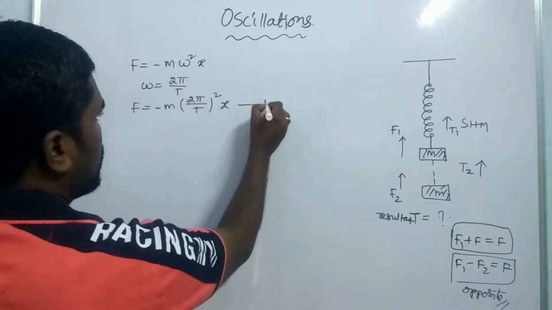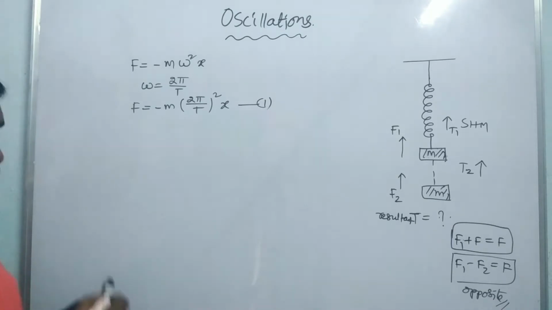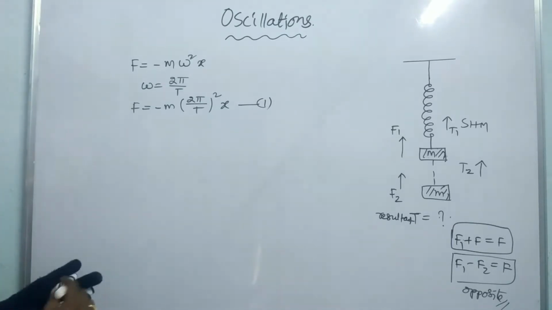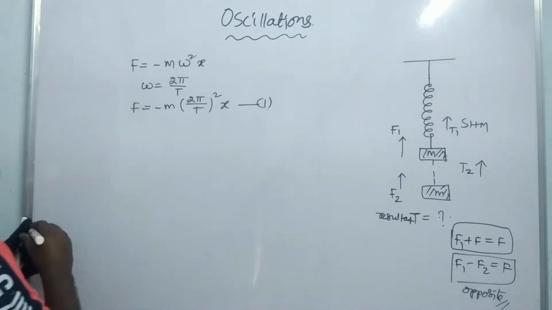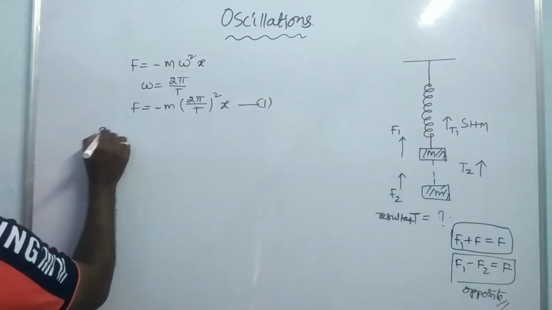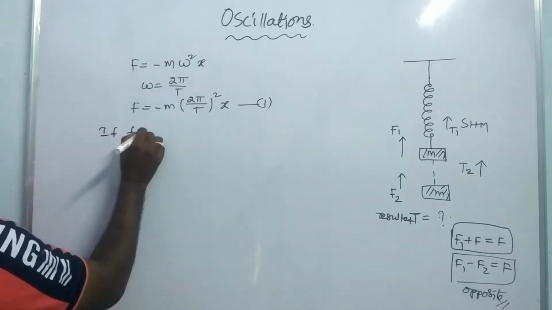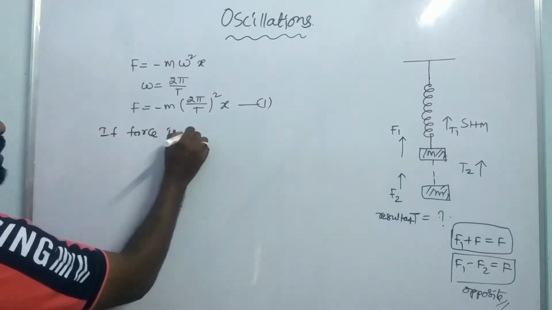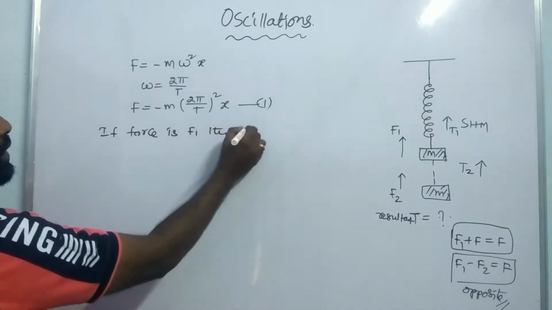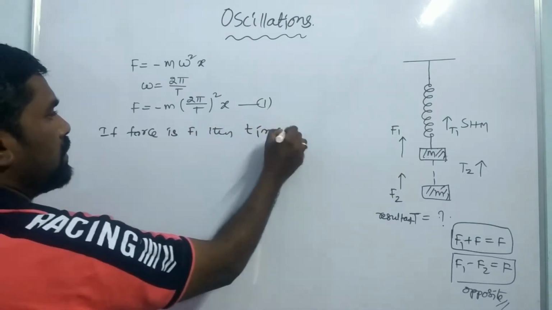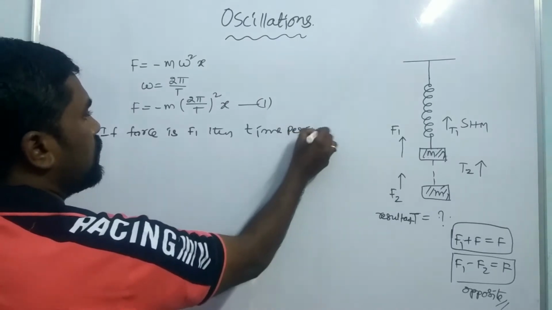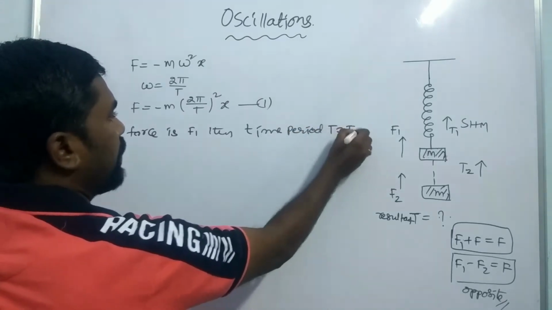So this is the force equation for simple harmonic motion. Right, now let us write, if the force is F1, then time period T is equal to T1.